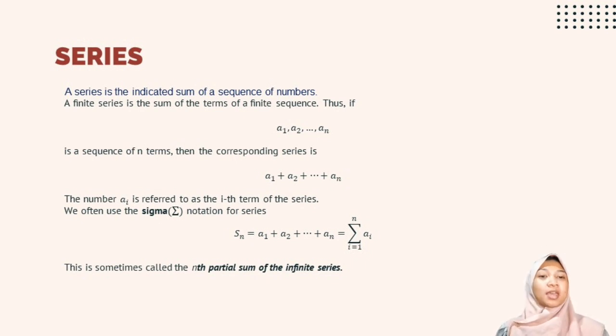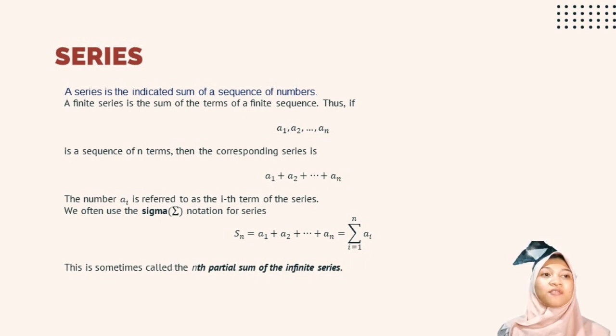Thus, if a sub 1, a sub 2, up to a sub n is a sequence of n terms, then the corresponding series is a sub 1 plus a sub 2 plus up to a sub n. The number a sub i is referred to as the ith term of the series. We often use the sigma notation for series.